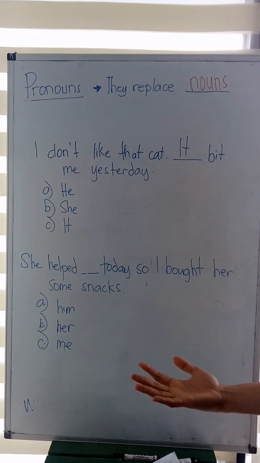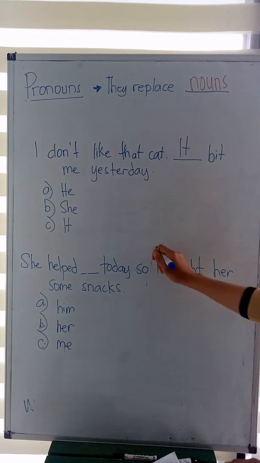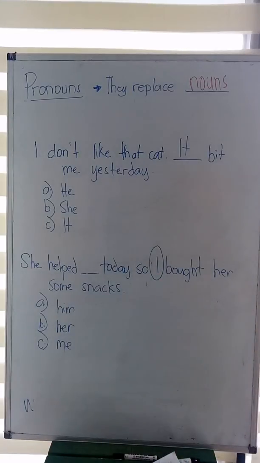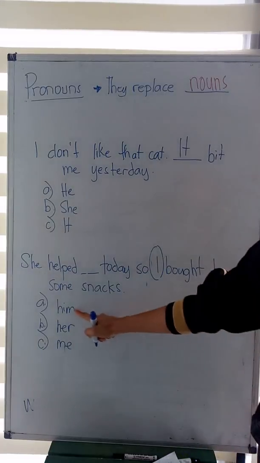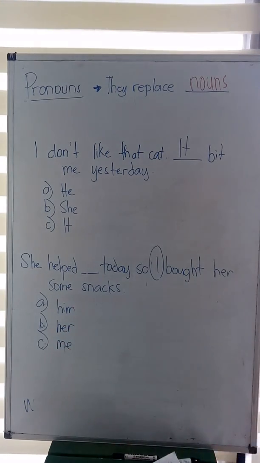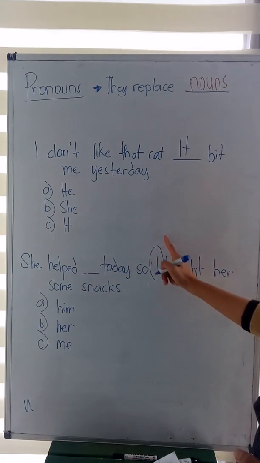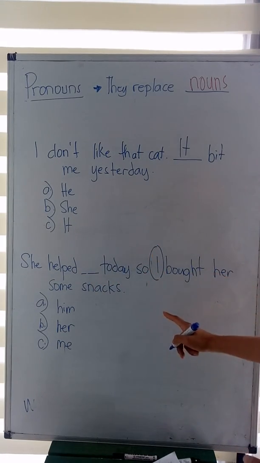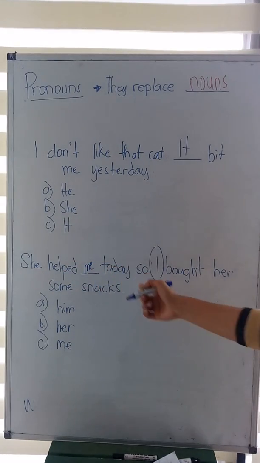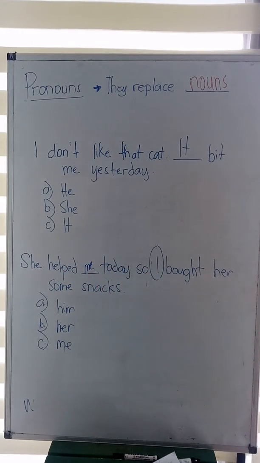So she helped I. What is the object pronoun equivalent for I? You have the choices here. A, him. B, her. C, me. So the equivalent of I is, of course, me. So the answer here is me. She helped me today, so I bought her some snacks.